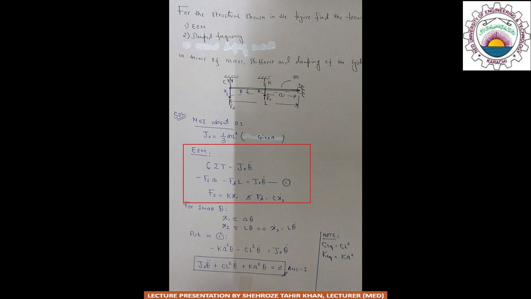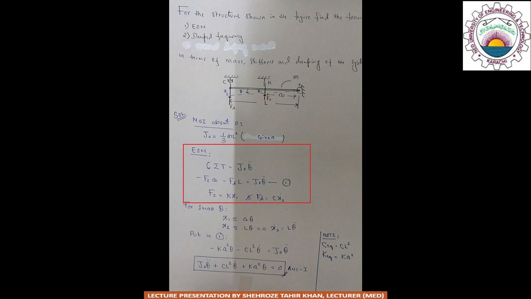Here we take the derivative of x2 because it is the arc distance covered by the viscous damper C, and for a viscous damper we always show its work done, which is equal to Cx dot into x.